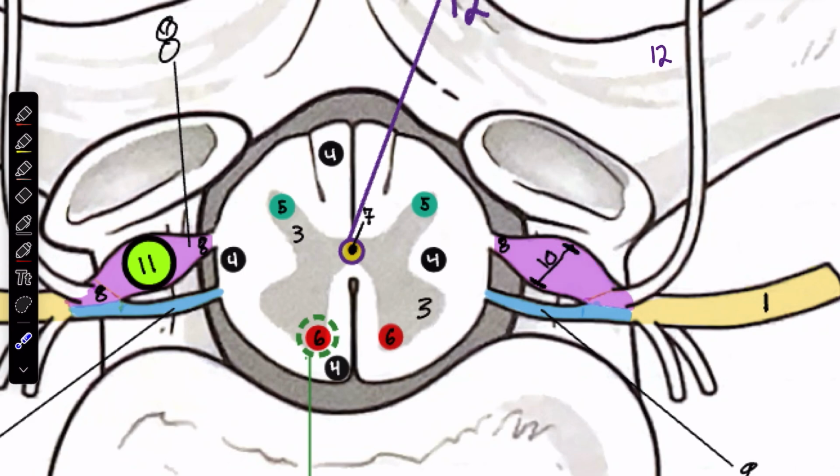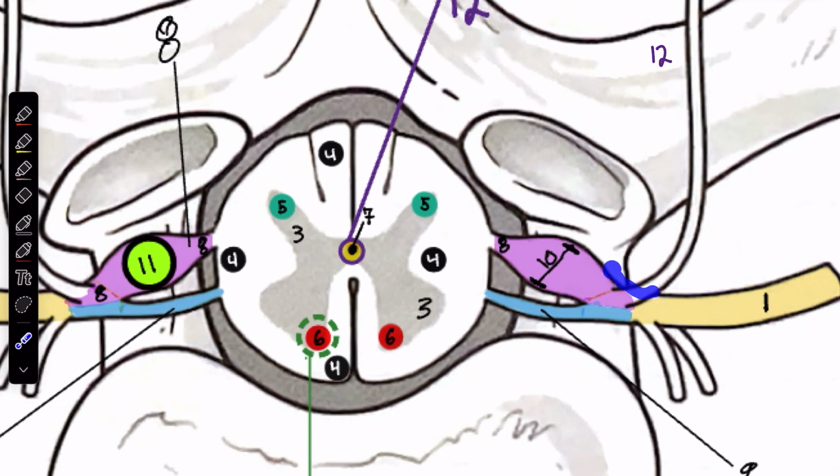So again, you've got your spinal nerve coming in, and you're getting afferent signals, meaning that the afferent is bringing information to the spinal cord. Afferent is arriving.